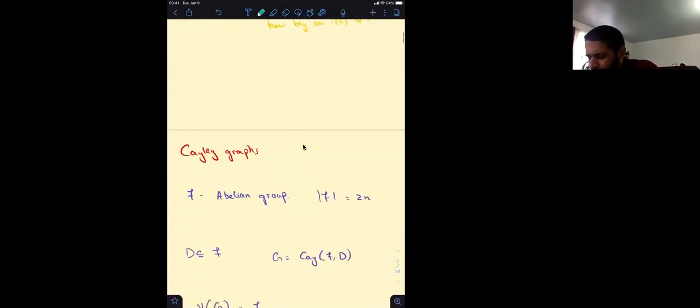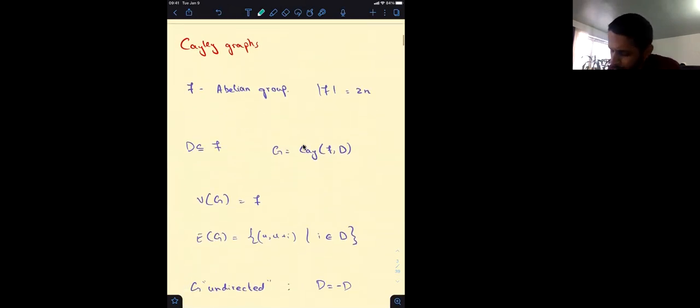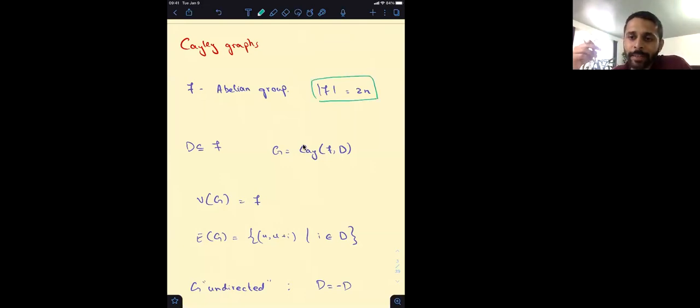And we'll be focused on Cayley graphs. So a bit of notation regarding that. F is an abelian group, and F has order 2n, an even order, but it is not important for this result; we'll see that it is without loss of generality to assume that F has even order.